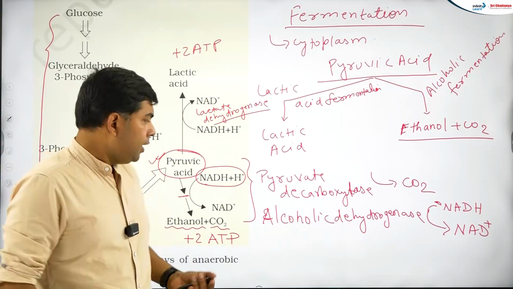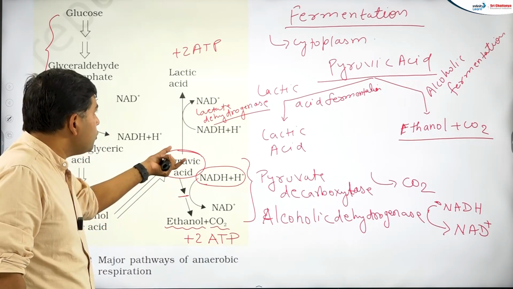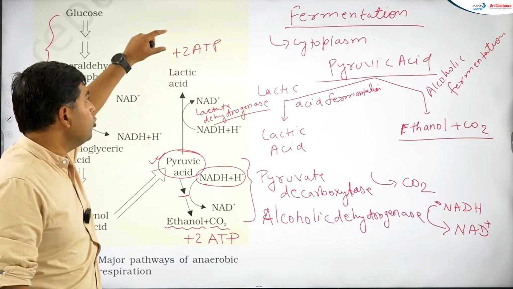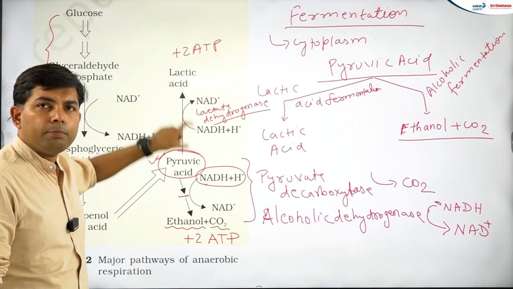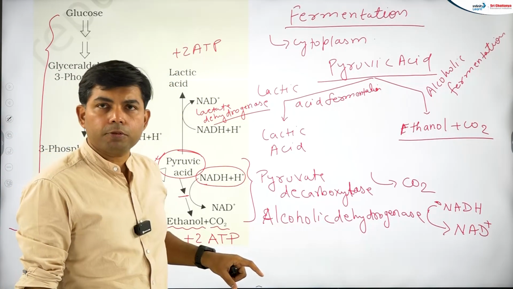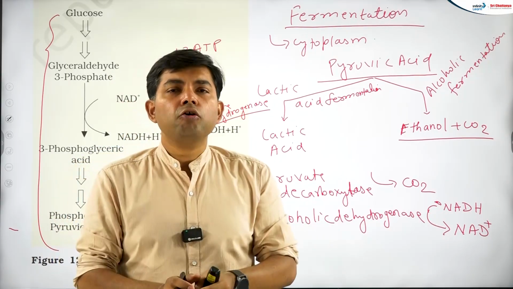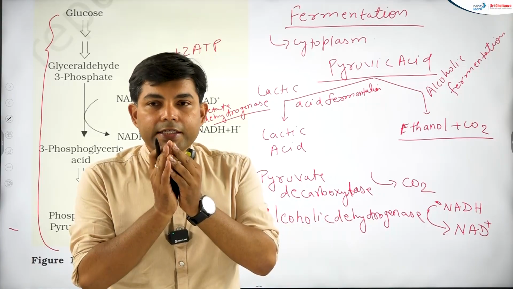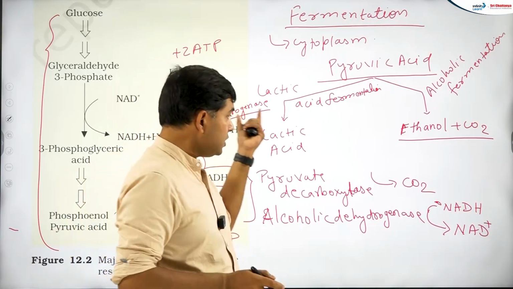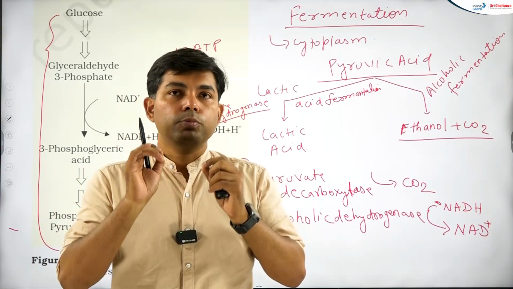So here what we see, either it follows the ethanol fermentation pathway or the lactic acid fermentation pathway. In both cases, how many ATP are produced? 2 ATP. In both cases, how many NADH are used? 2 NADH are consumed, right? So overall in the anaerobic pathway, whether it is alcoholic fermentation or lactic acid fermentation, only 2 ATP is produced.